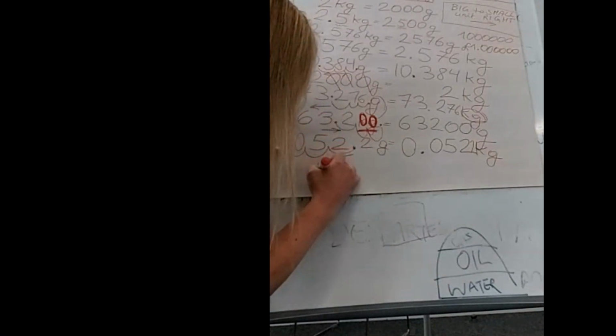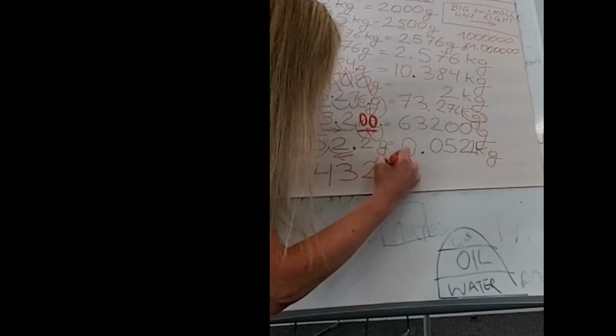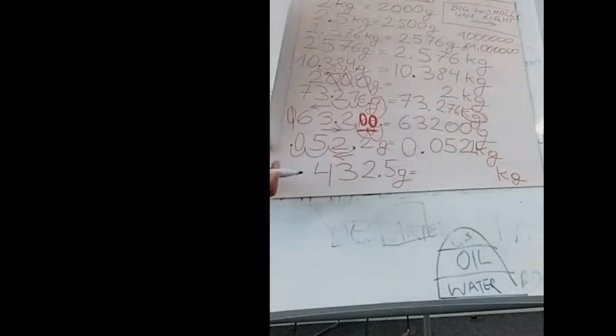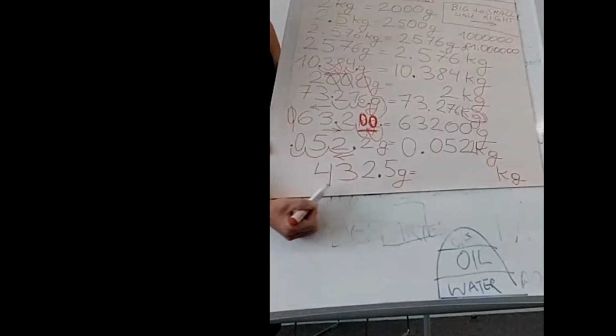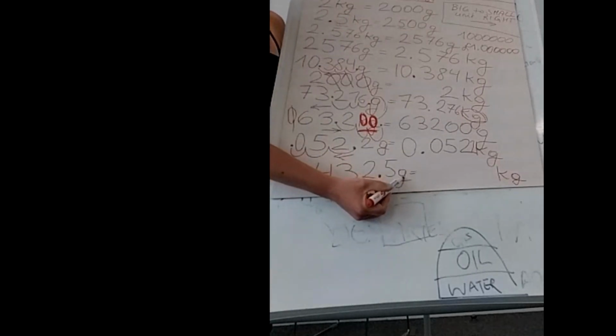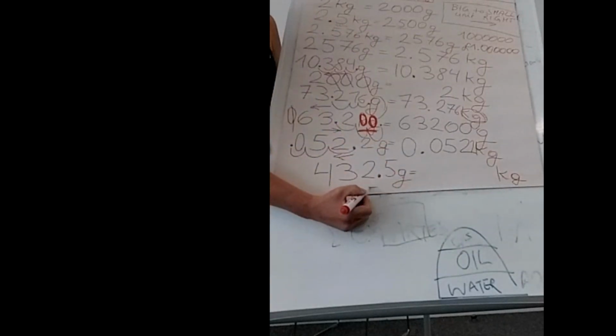All right. 4325 grams equals how many kilograms? So we're gonna move our dot. Which direction? This or that direction? Left, because we have a small unit to a big unit, and so it goes left.